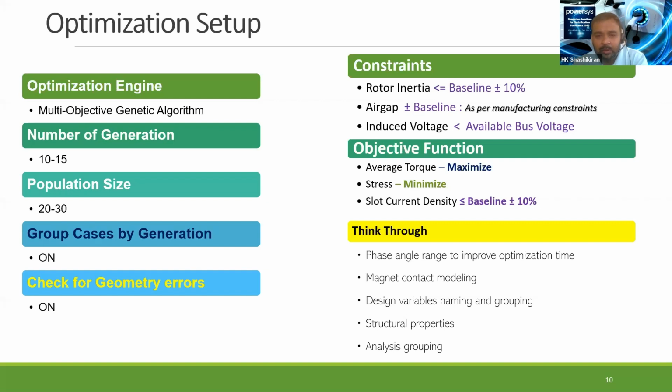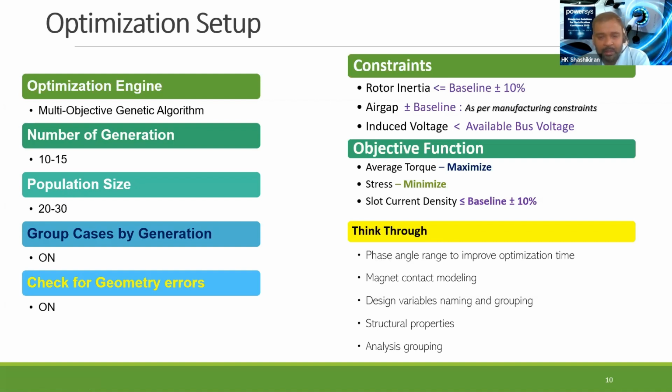So just for our constraints, there are a few scenarios that you need to take into account. One is the phase angle range, because you don't really have to run a complete sweep of 0 to 90 or other operating points, because it will just increase the number of cases for you.